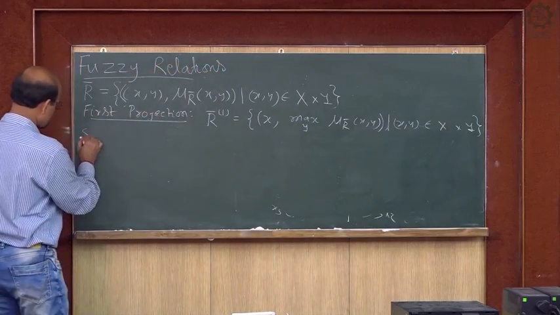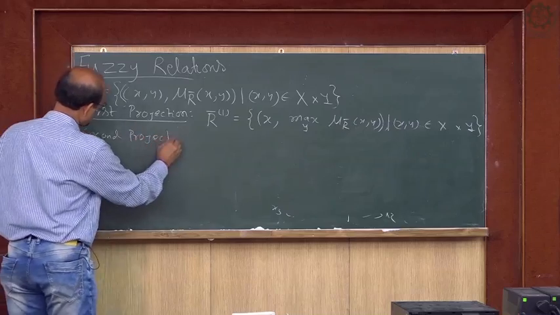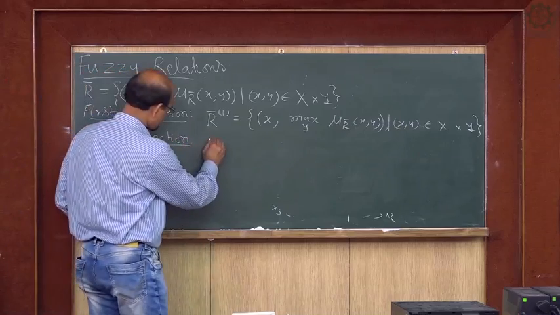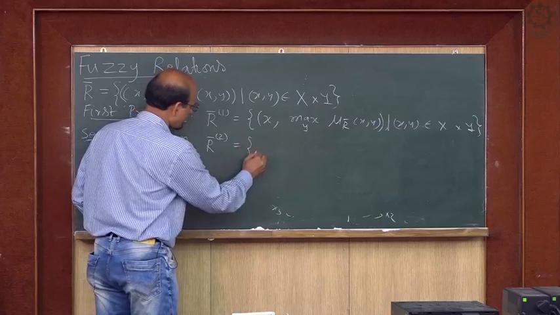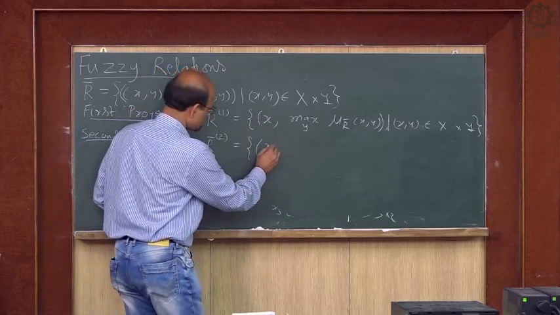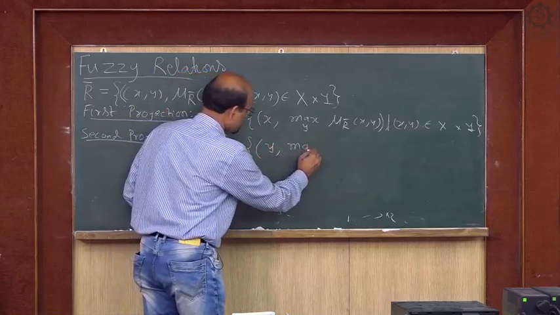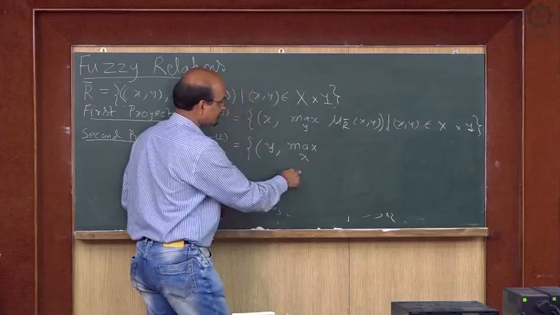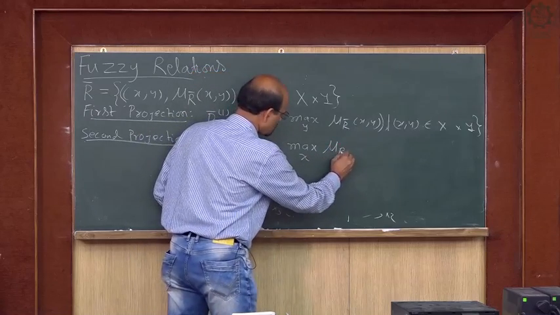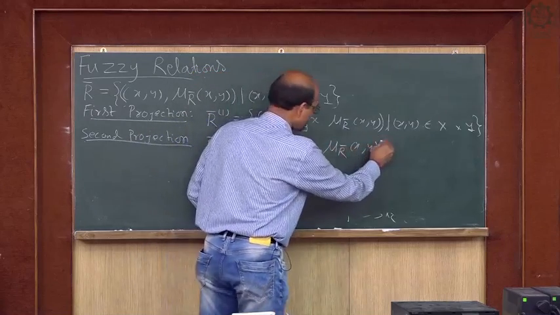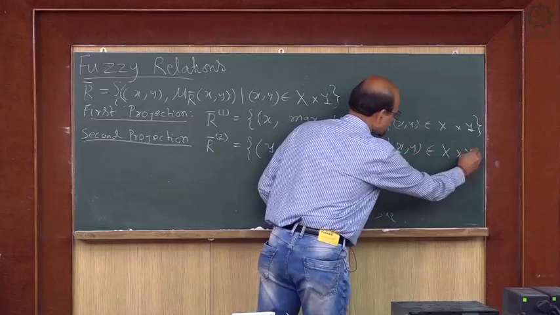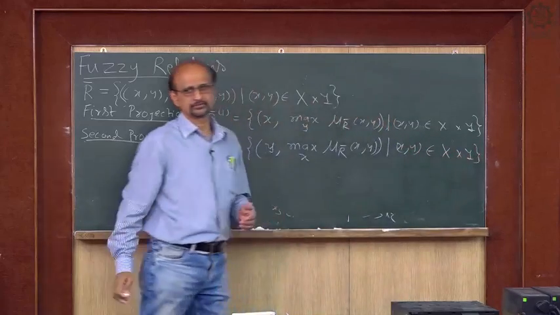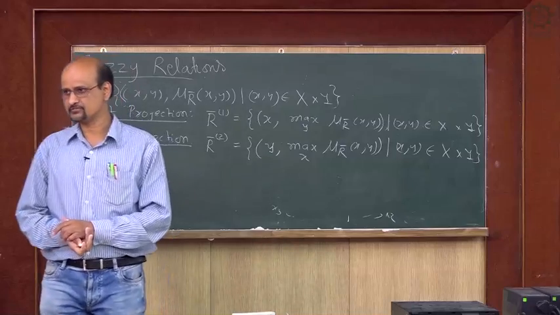Second projection, similarly, we denote as R bar 2, and this is just the alternate. This is y comma maximum over x of mu R bar x y, such that x y belongs to x cross y. This is your second projection.